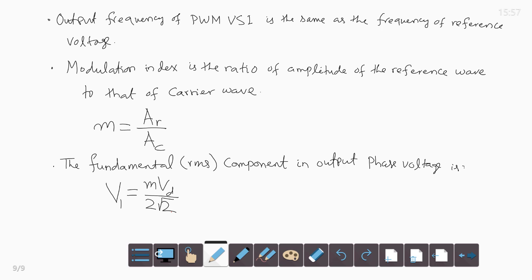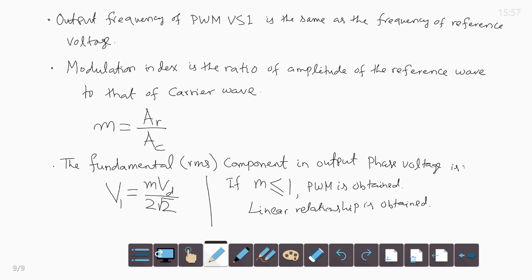If modulation index M is less than or equal to 1, pulse width modulation is obtained, so a linear relationship is obtained.